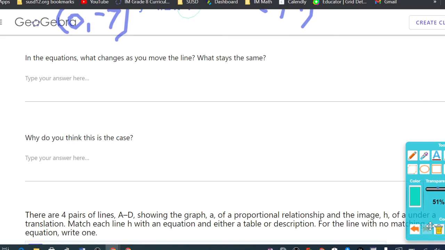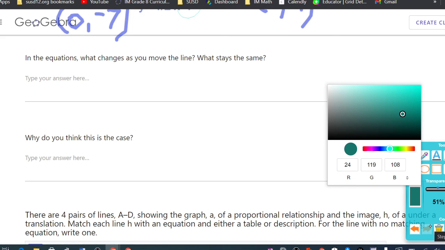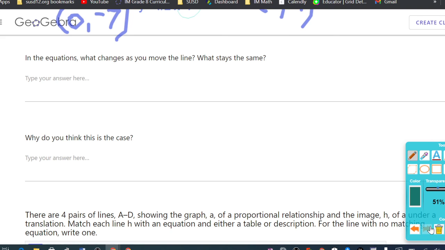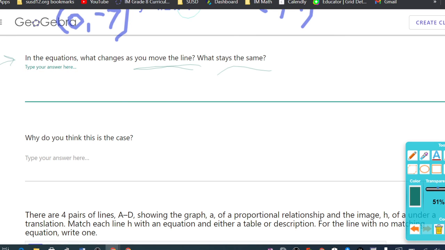Let's answer the next question. In the equations, what changes as you move the line? So what changes and what stays the same? All right, did you get that? Well, the y-intercept changes. As I move the line, the y-intercept changes.